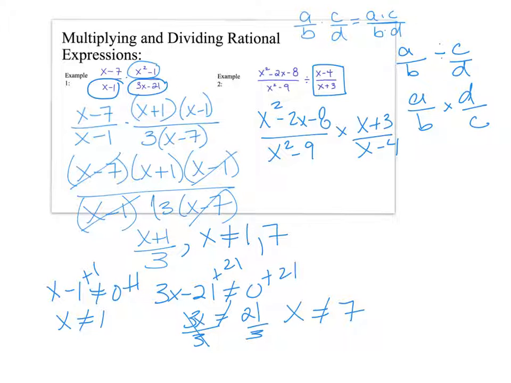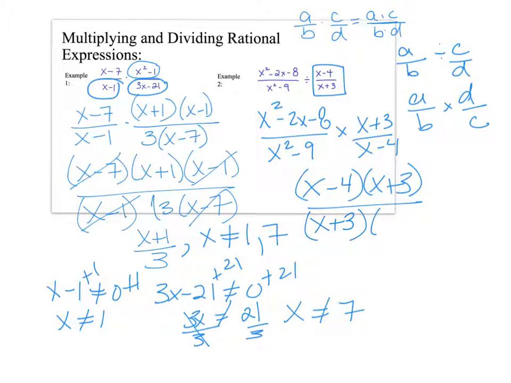Then what we're going to do is factor where we can. So x squared minus 2x minus 8 is factored to be x minus 4 and x plus 2. And x squared minus 9 can also be factored to be x plus 3 and x minus 3. And that's being multiplied by x plus 3 and x minus 4.